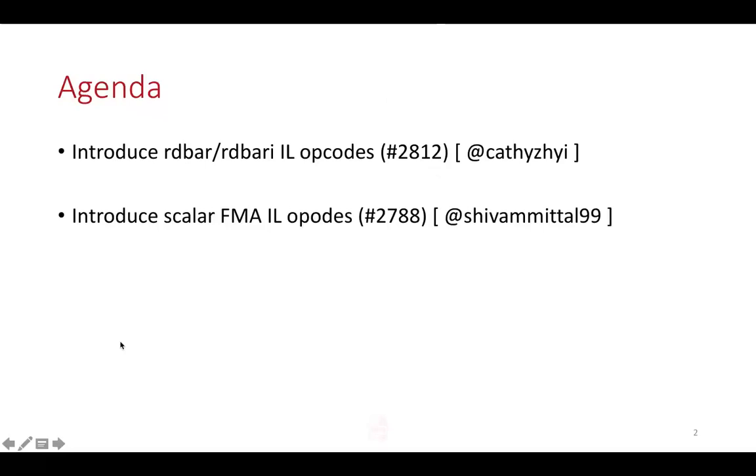Right. So we're proposing to add Rebar opcodes because of two recent development items. One of them is for debugging purposes, where we need to report all the field accesses to the VM.